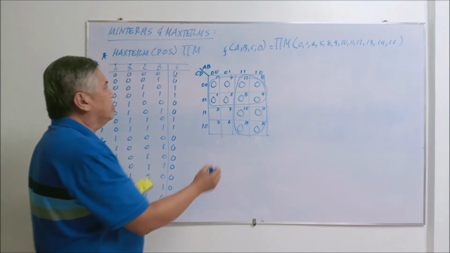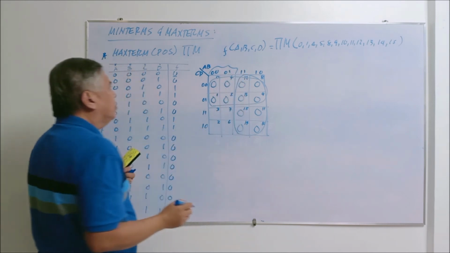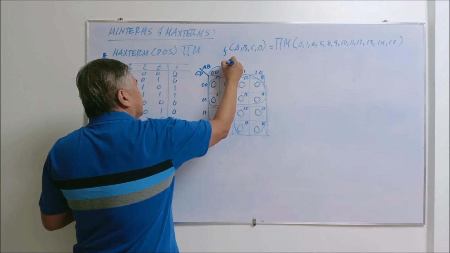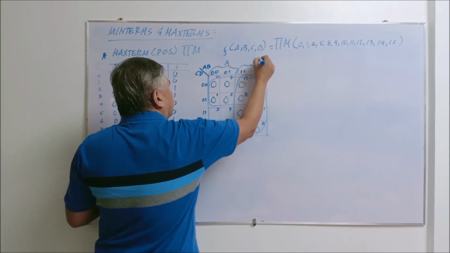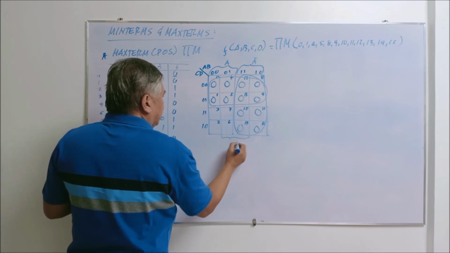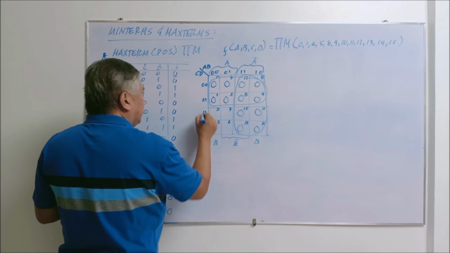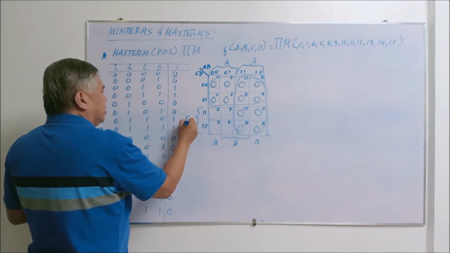Okay? So in this case, we know that in your product of sum expression, it is reversed. This is now your A. This part here is your A bar. Right? Then this is your B bar, B, B. And this one here is your C bar.